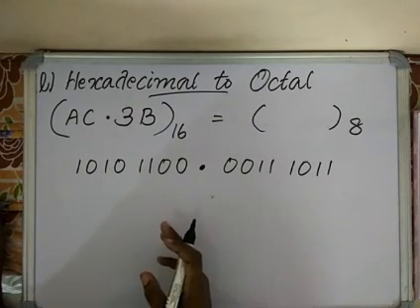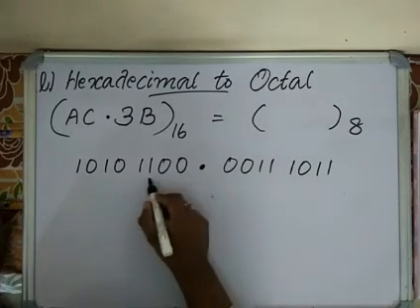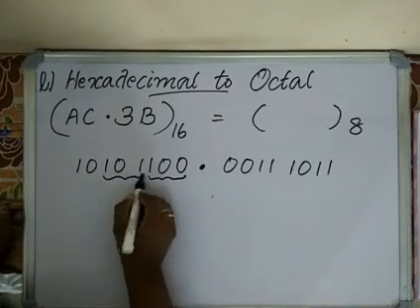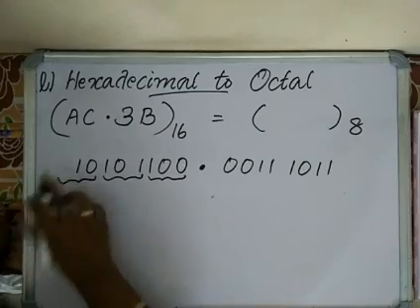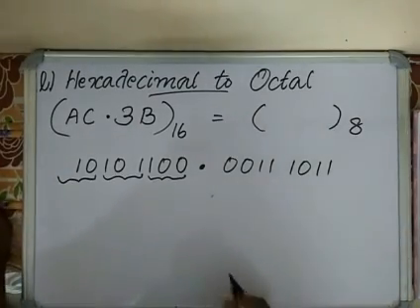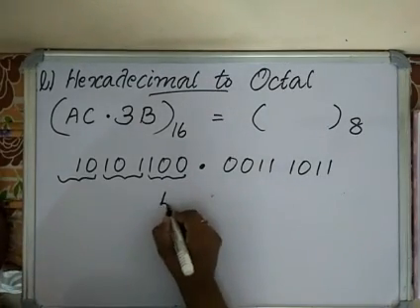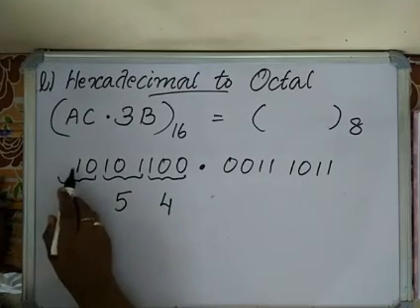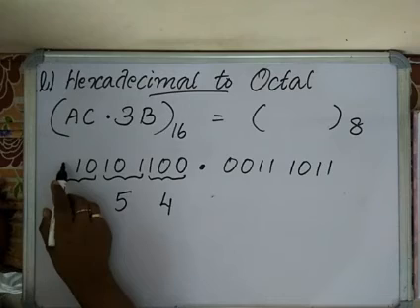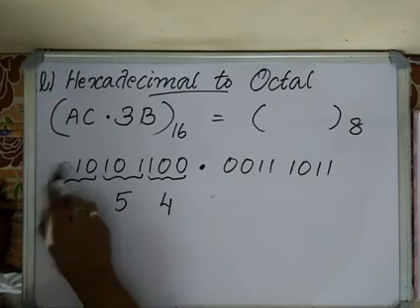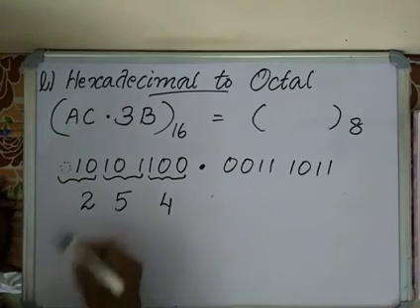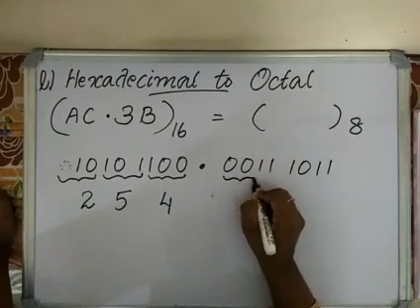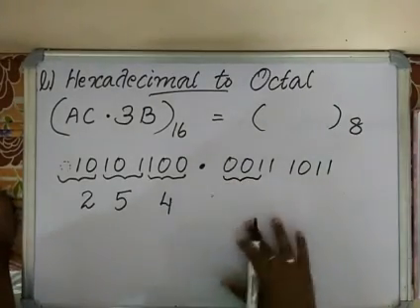Since we need octal conversion, we will group it into groups of 3. Here one digit is missing, we can include 0 there. So this will be 4. 101 is 5. Okay, 10 can be written as 010 and it is 2. So 254.